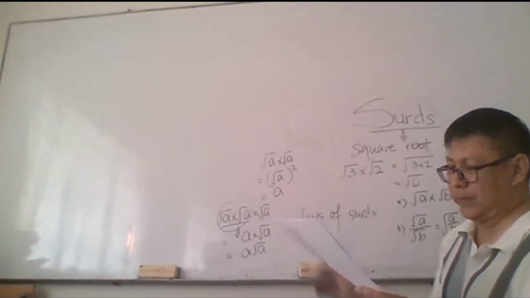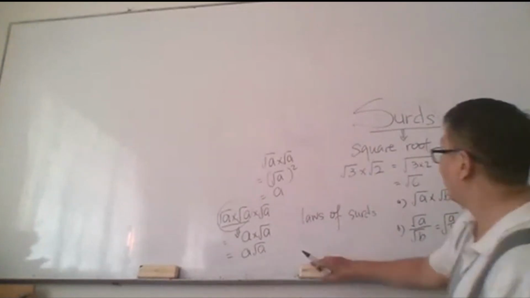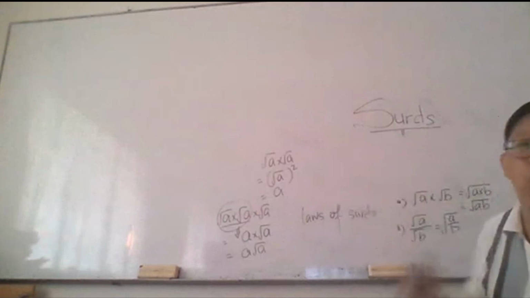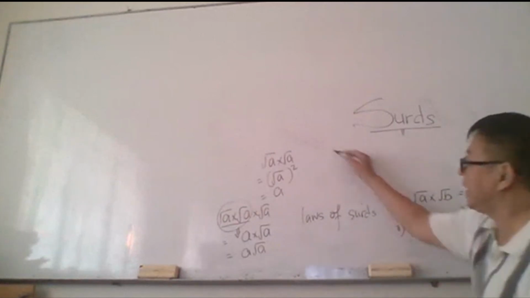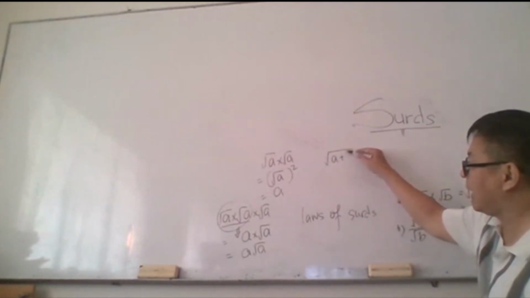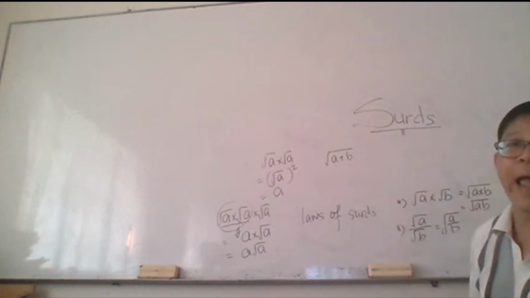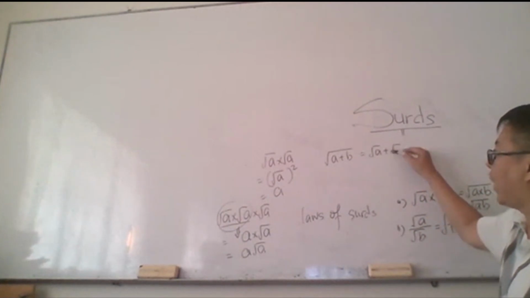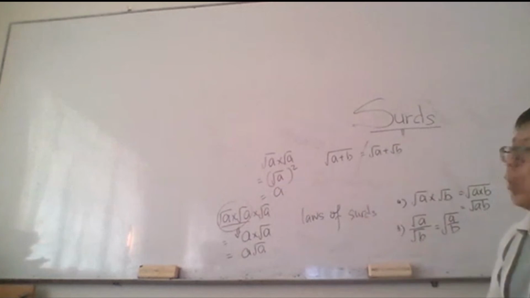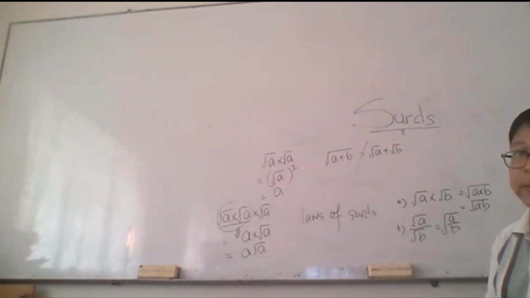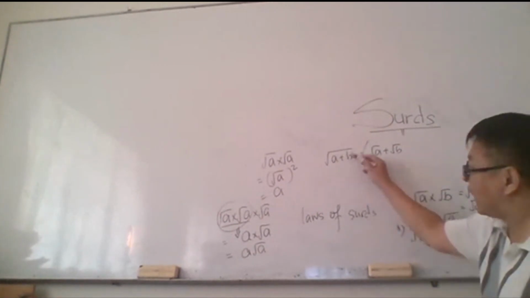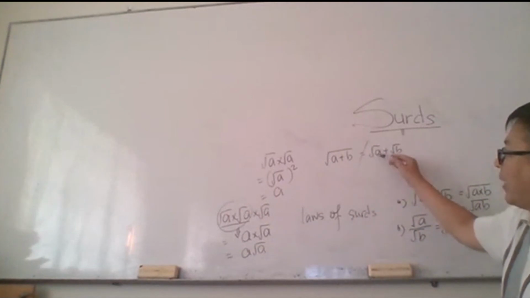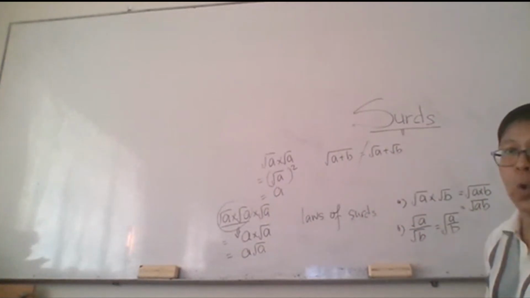Okay, so very simple. And one more thing I want you to remember, a lot of students make one silly mistake. They say, hey sir, if inside is an expression, can I put square root of A plus square root of B? Answer is no. You cannot do that. A plus B will remain A plus B. You cannot split it into square root A plus square root B. No way.